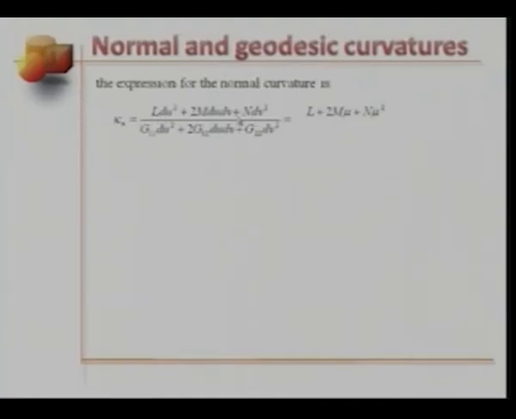This is dr dotted with dn and this is dr dotted with dr. The minus sign has gotten absorbed in the algebra. What is mu here? Mu is dv over du. All we have done is we have divided the numerator and denominator by du squared respectively.